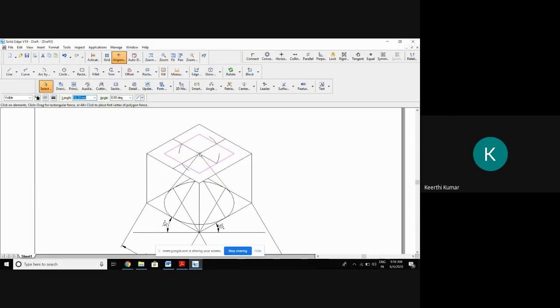Exactly, the center of this and the center of the cone are on the same point. He has given coaxial, no? So I did it by this method. The outer box is 60 by 60, the inner is 40 by 40.